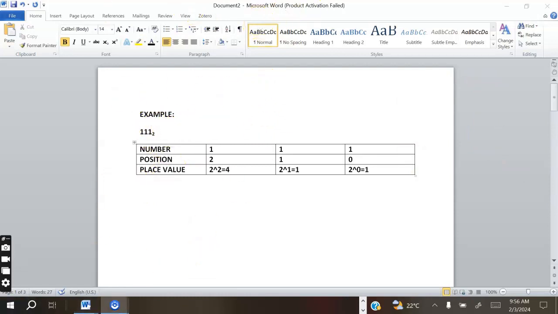So this is 1 multiplied by 4. Then you add 1 multiplied by 2, plus 1 multiplied by 1.